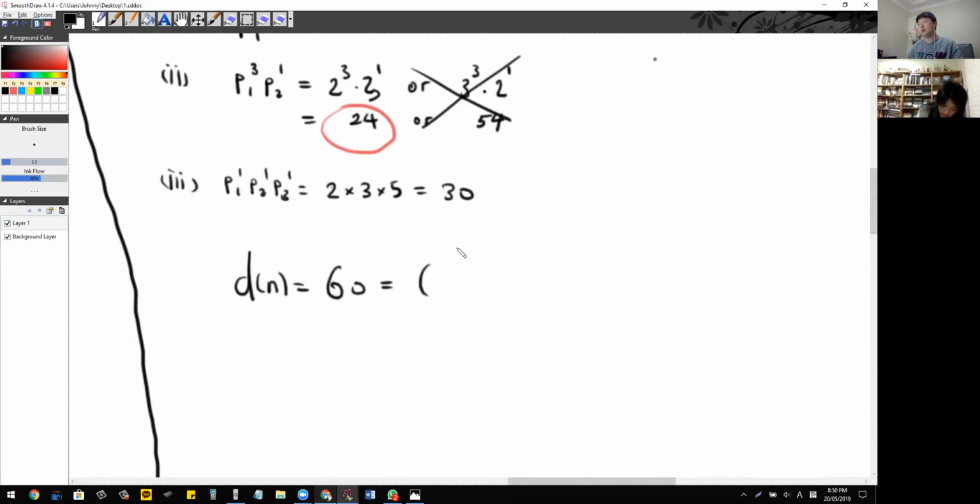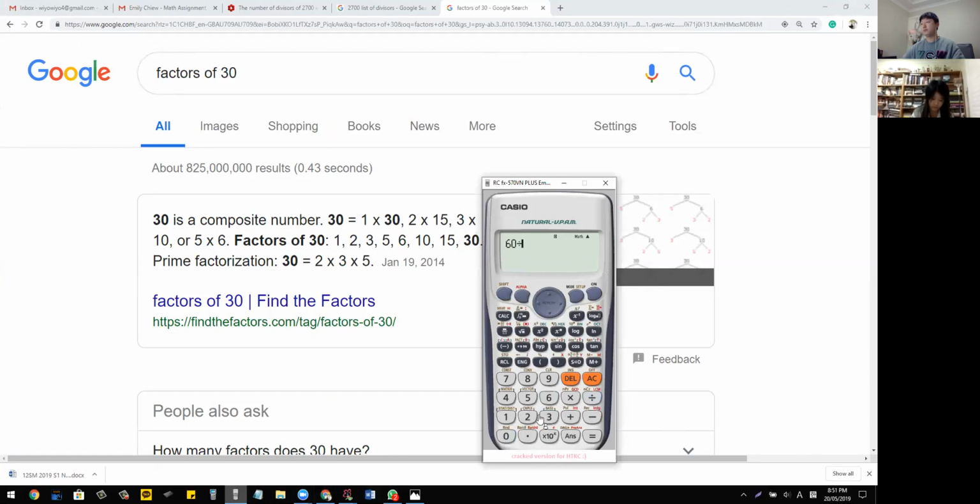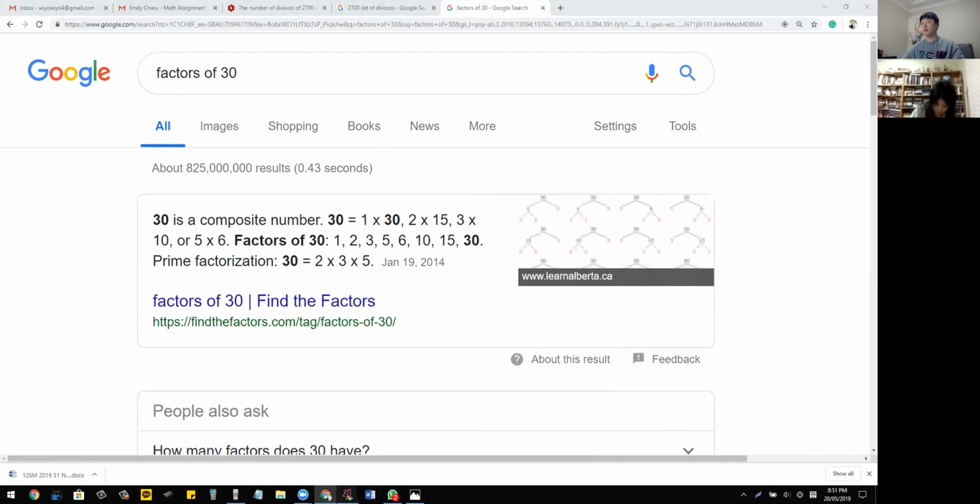So this one, we're going to do prime factorization of this, because k is also an integer. So if we do 60 divided by 2, it's 2 squared.